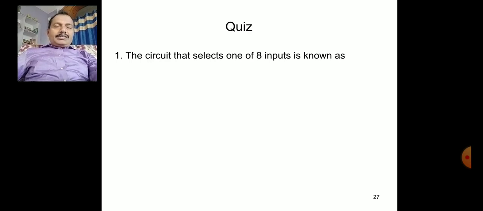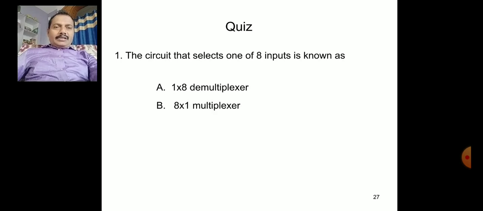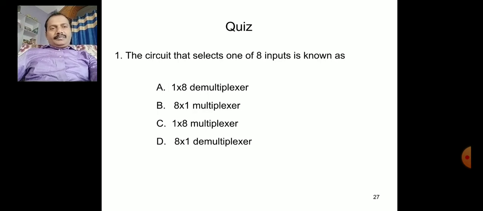The circuit that selects one of 8 inputs is known as: 1 to 8 demultiplexer, 8 to 1 multiplexer, 1 to 8 multiplexer, 8 to 1 demultiplexer. Which one is the correct? 8 to 1 multiplexer.